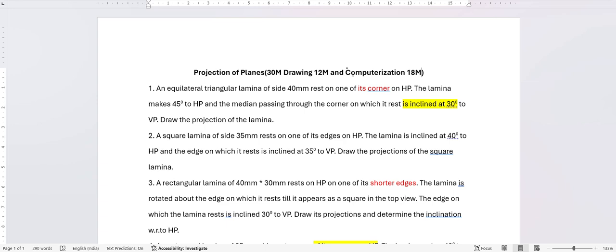Okay, so for drawing XY line, you're going to get 1 mark. Now remaining will be divided into 12 marks. Okay, now for each position, and computerization also, it will be almost 6 for each position.